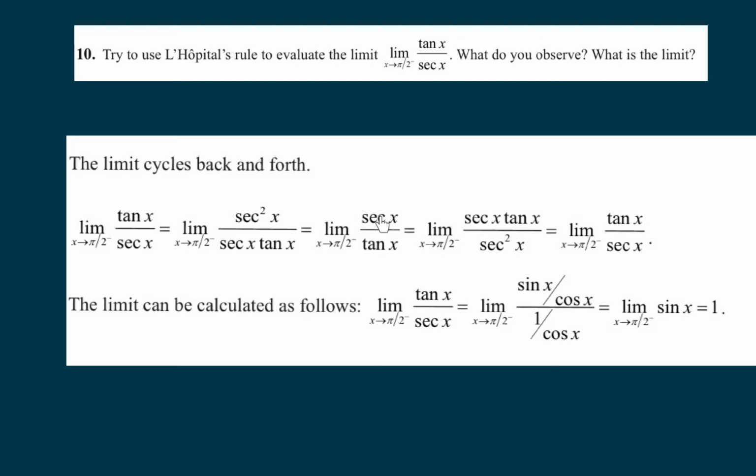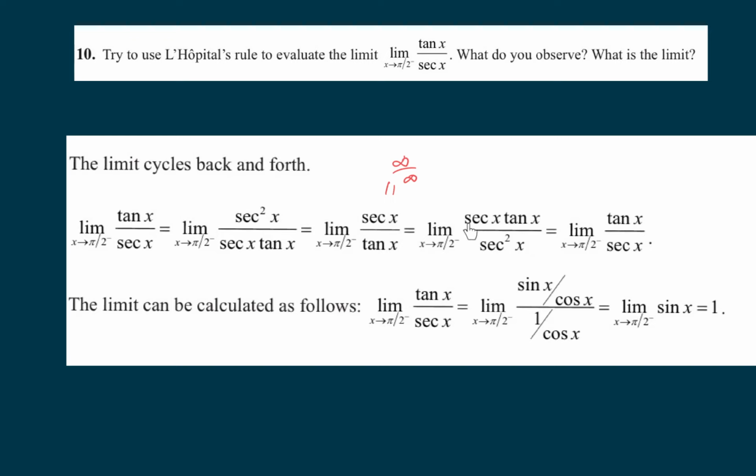Now you will apply L'Hopital's rule again. When x goes to pi divided by 2, secant x will go to infinity and tangent x will go to infinity. So this will be of the form infinity divided by infinity. If you apply L'Hopital's rule again, the derivative of the numerator is secant times tangent, divided by the derivative of the denominator, secant squared.